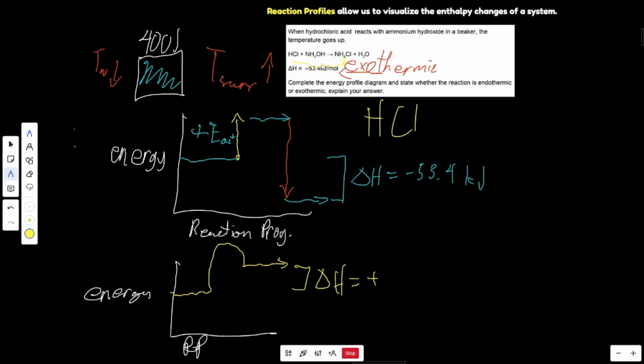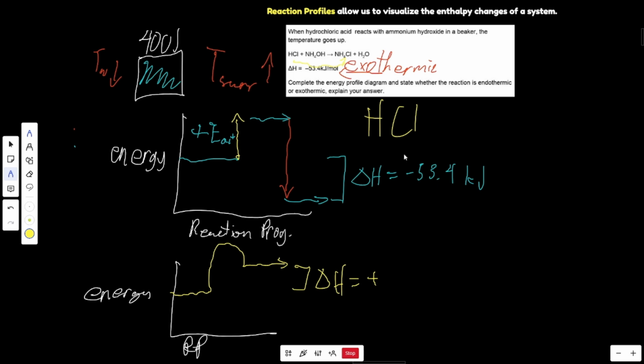From hydrochloric acid, it goes to the ammonium, and then the hydroxide group goes from the ammonium hydroxide to the hydrochloric acid. It swaps with the chlorine and it forms water. So we want to break these bonds so that we can rearrange the atoms and then form new compounds.